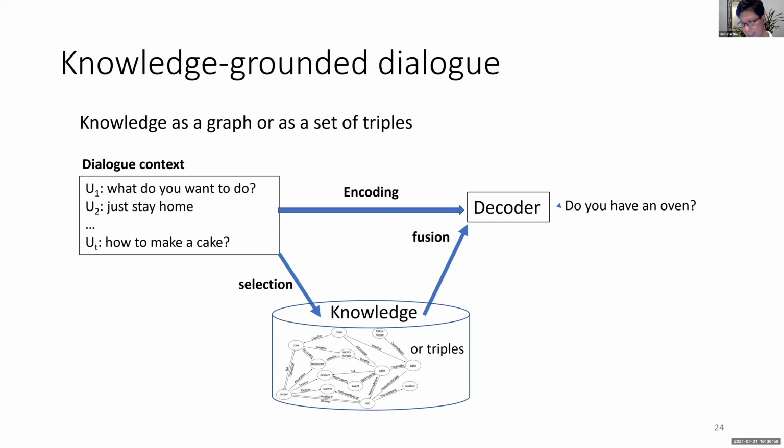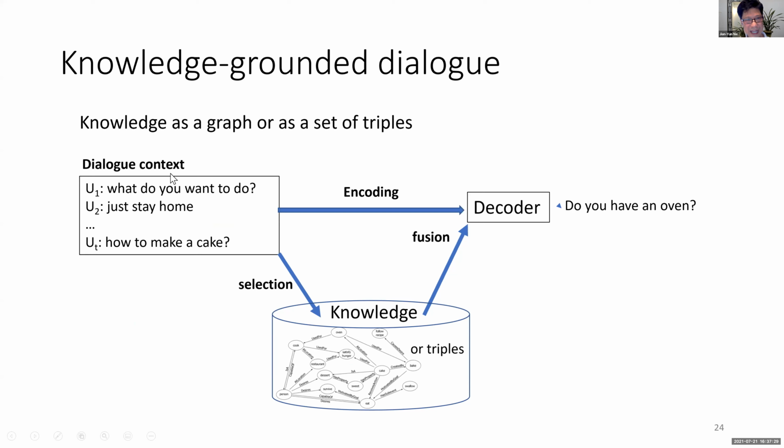Another work that I want to present very quickly is about knowledge-grounded dialogue. The previous work is document-grounded, but here, when we talk about knowledge, we may have different forms of knowledge stored in our system. That could be a knowledge graph, or a set of triples. So you have a set of triples, which are just presented as a set.